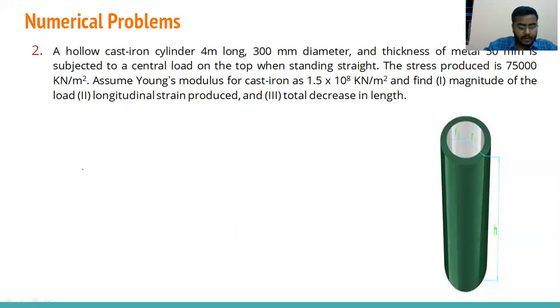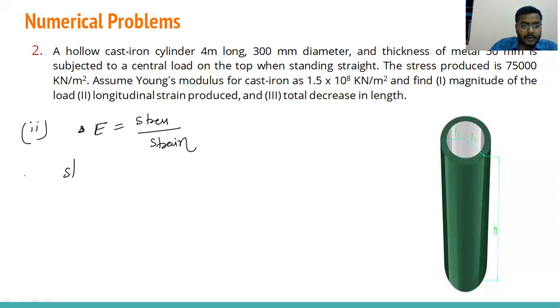Now, come to the next one. What is the next? Longitudinal strain. Second, you have to calculate longitudinal strain. To calculate the strain, we apply this formula: E, the elastic modulus, is equal to stress divided by strain.